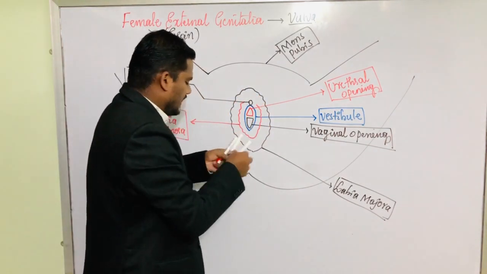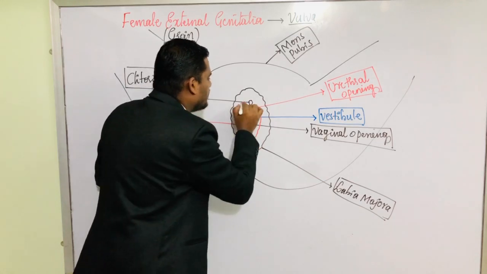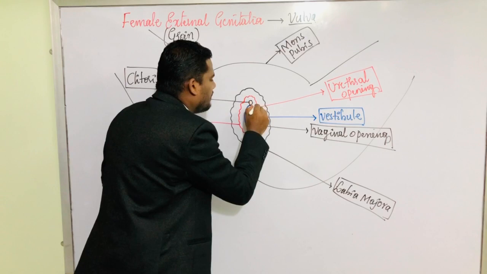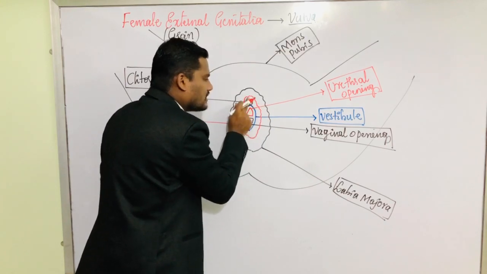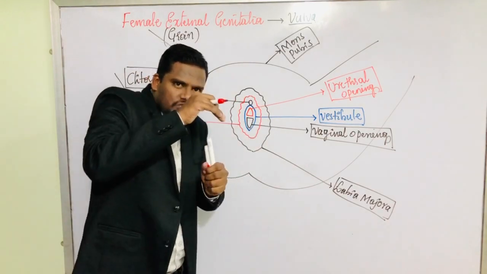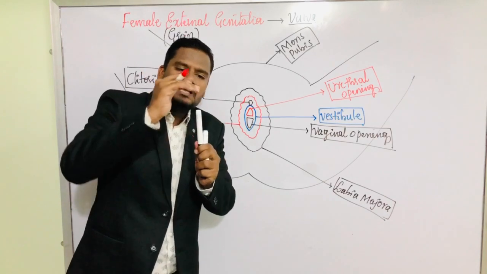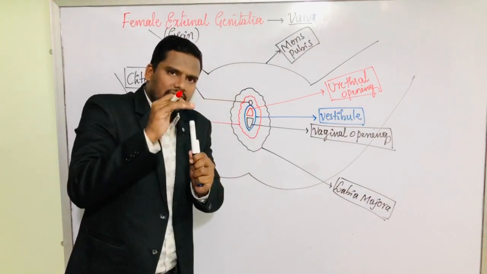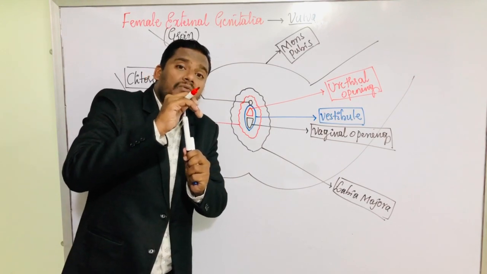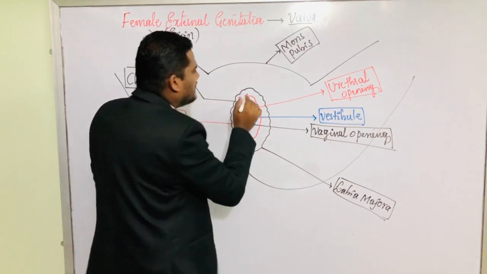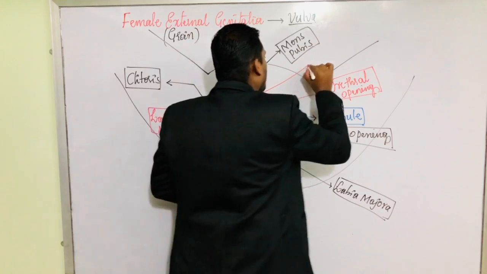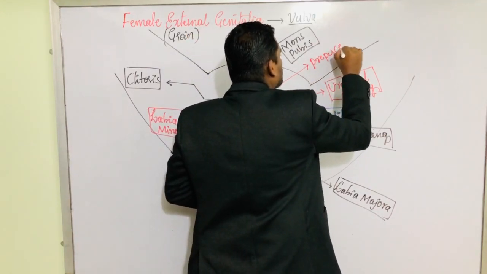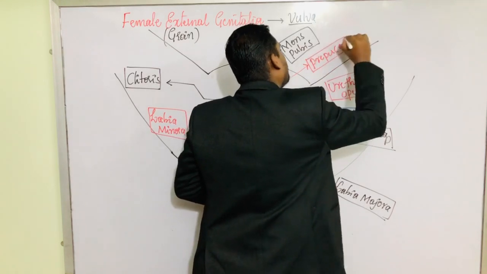The loose skin of the labia minora that covers the clitoris, that envelopes the clitoris, covers it like this. This skin is called the prepuce.